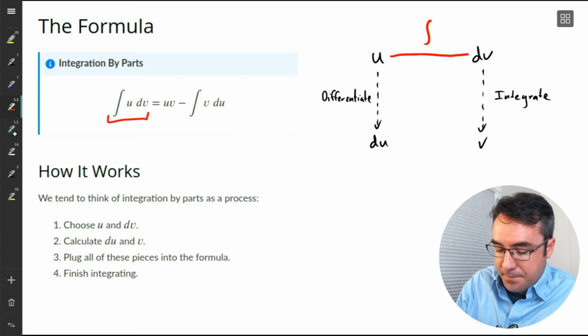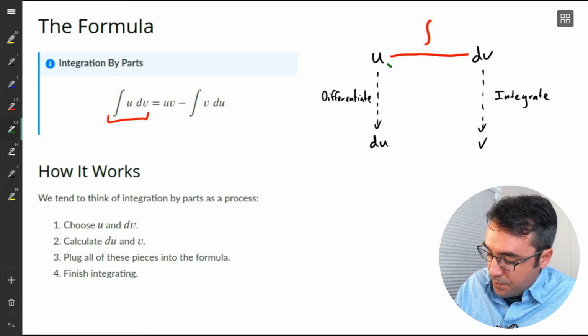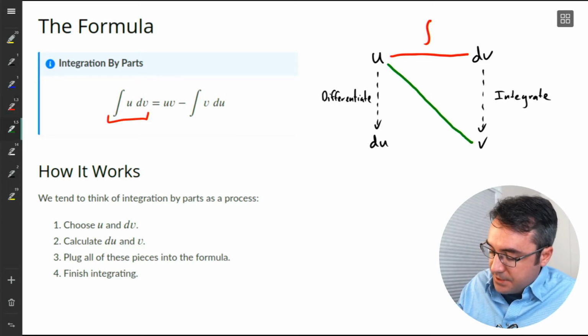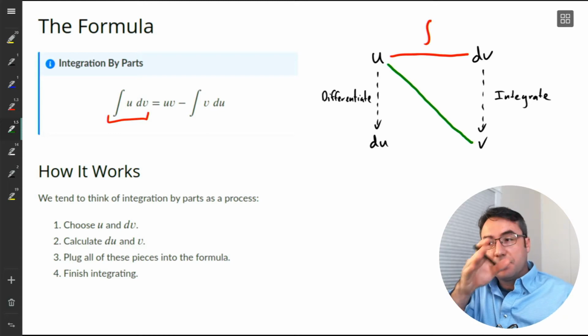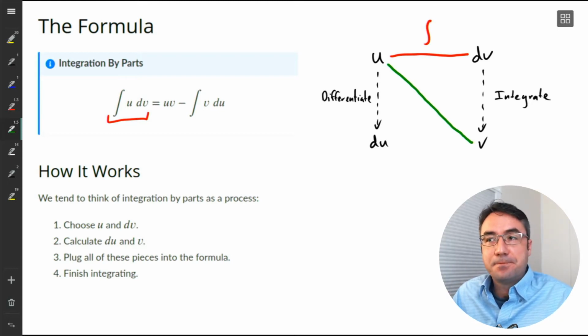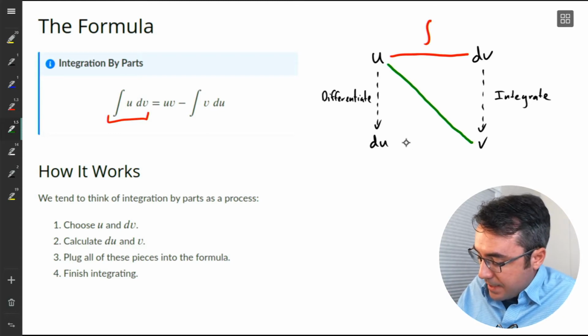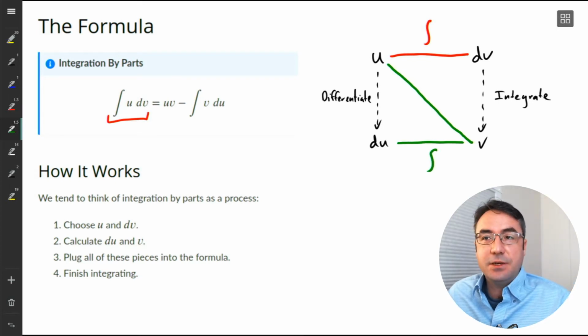And then what the integration by parts formula says is that the integral of u dv is equal to u times v, so we multiply down the diagonal there. And then we subtract and integrate the v times du.